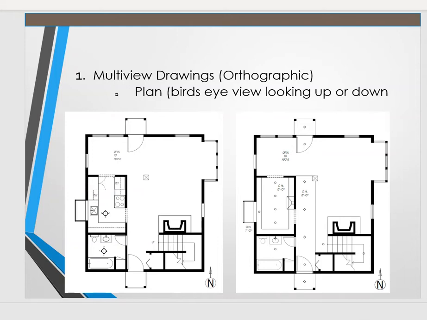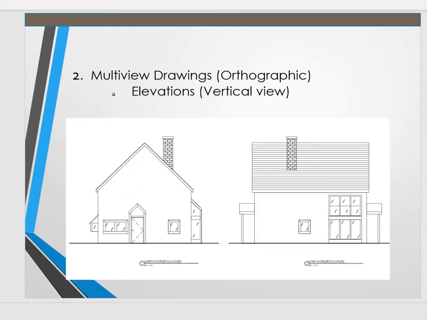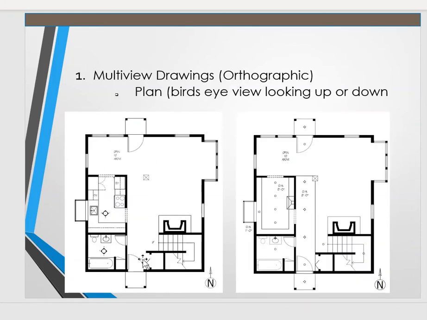Now, when we talk about another type of multiple view drawing, we'll talk about elevations. Those are the vertical view of the drawing. So now I'm tilting the drawing up and I'm staring at the walls. This last plan view right here has 4 walls on each side.